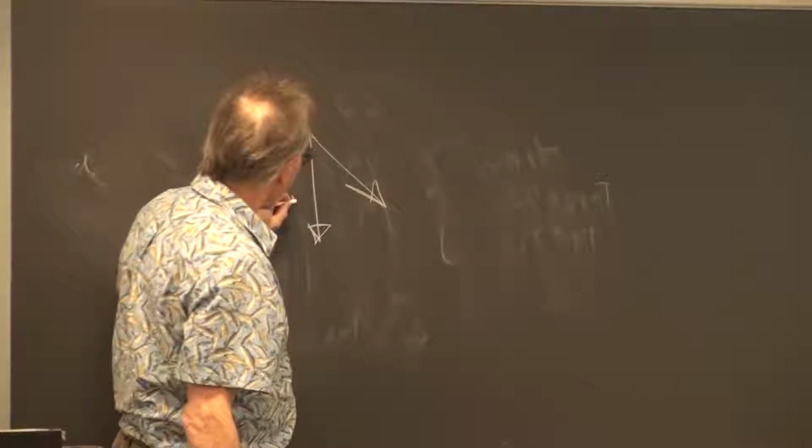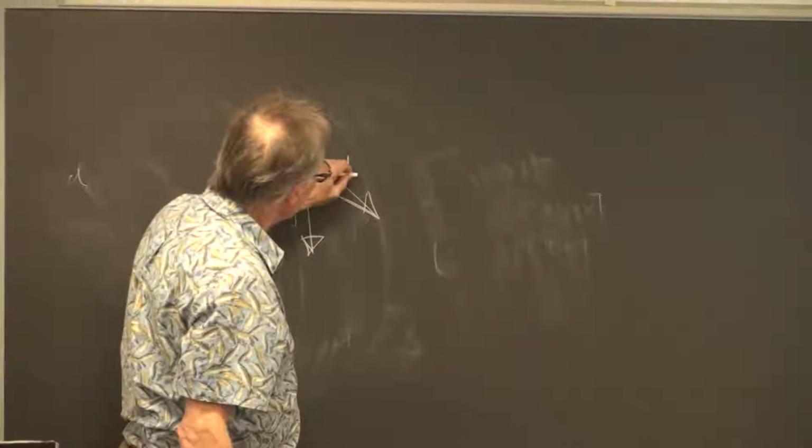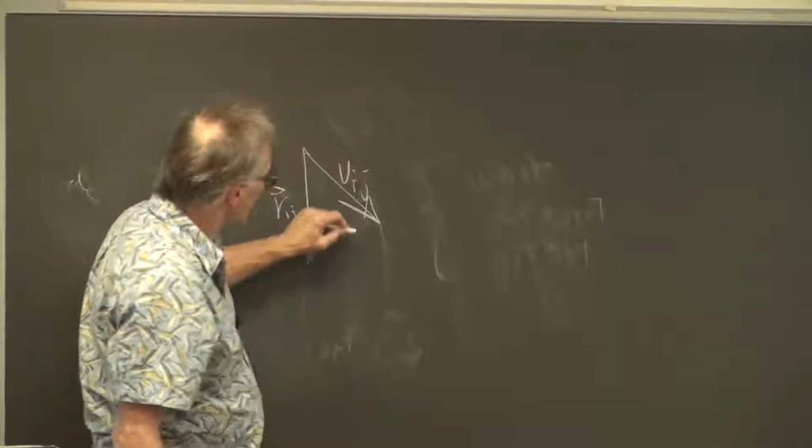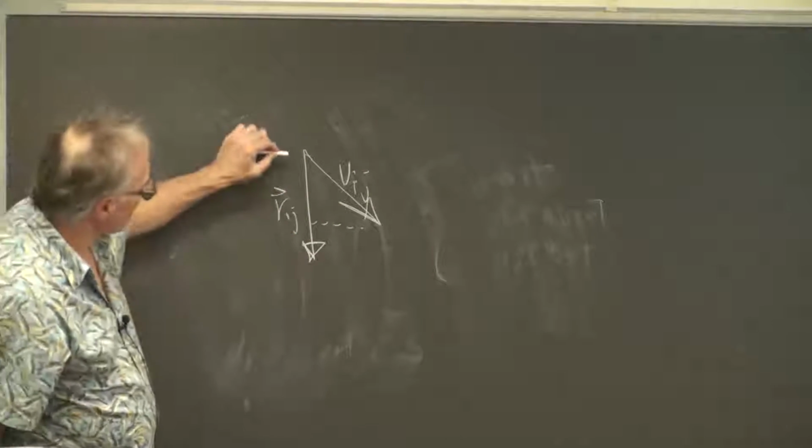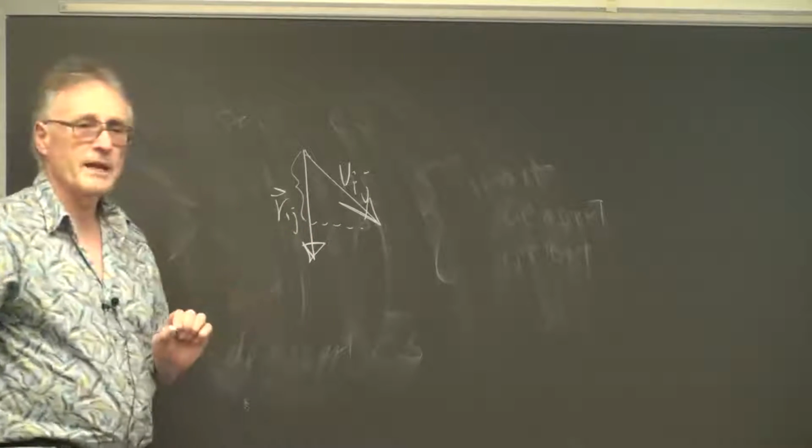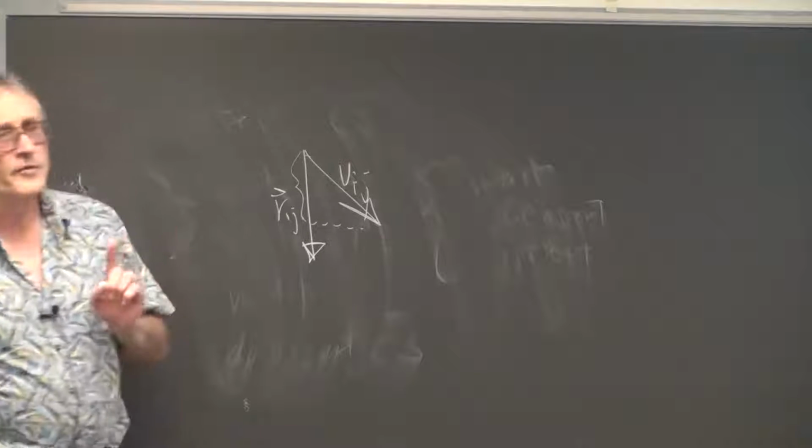So if this is Rij and this is Vij, what we're doing with the dot product, of course, is to find the scalar component of the velocity in the r direction. And we know that's the only velocity that can change because there are no forces that are tangential, so only the velocity in the direction of impact can actually change.